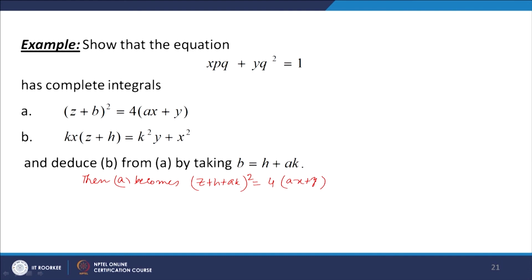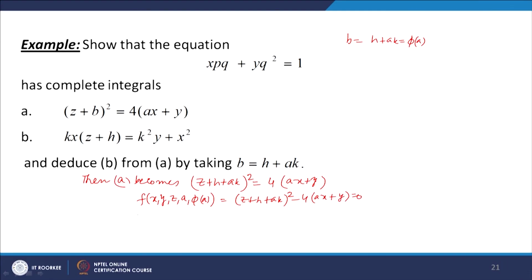We can write f x y z a phi a, because we are writing b as phi a, b equal to h plus ak equal to phi a. So f x y z a phi a will become z plus h plus ak whole square minus 4 times ax plus y equal to 0.